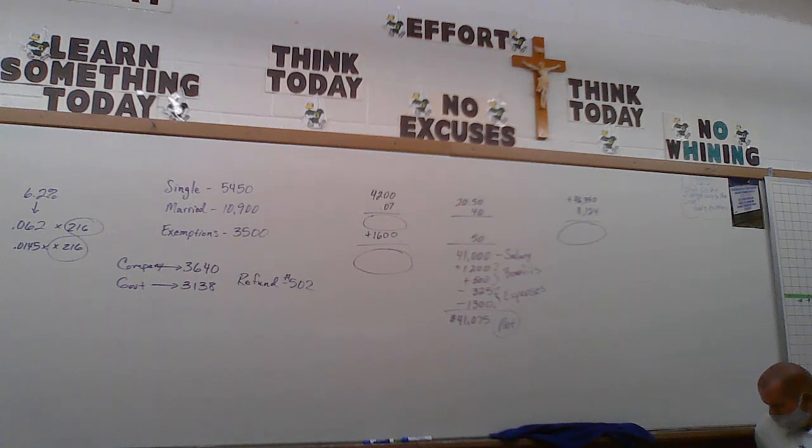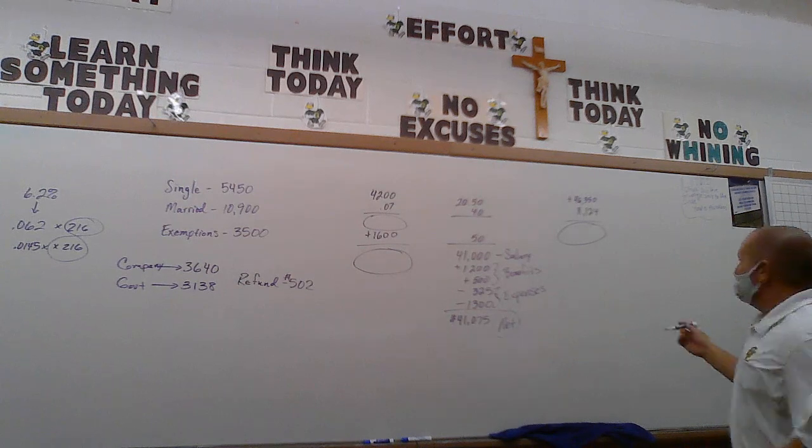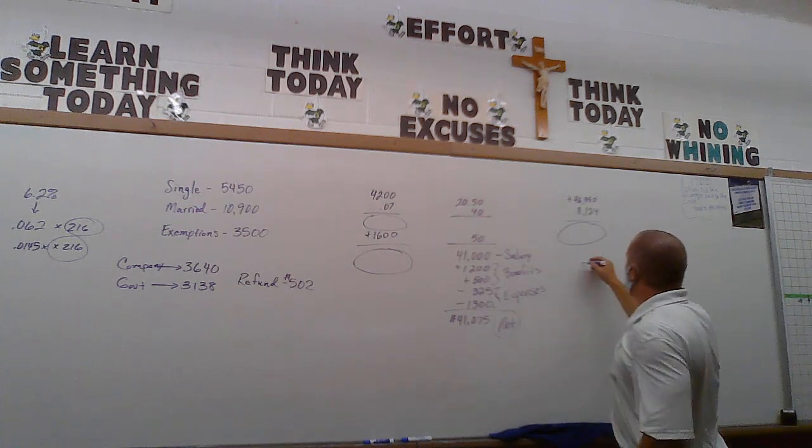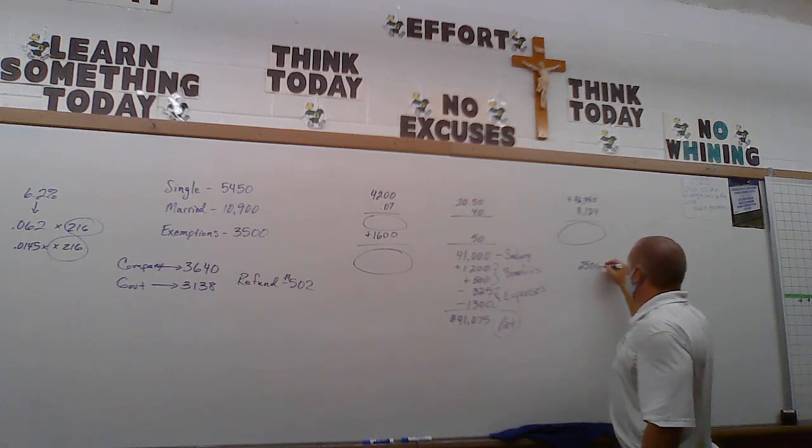So 266 plus 191.25... 682.25. Okay? And what do I do with that? Divide by 2,500. Wait, you're adding? Why did you add those? Well, because the question is find the percentage of gross pay. Okay? So I still want you to know that I make this amount.